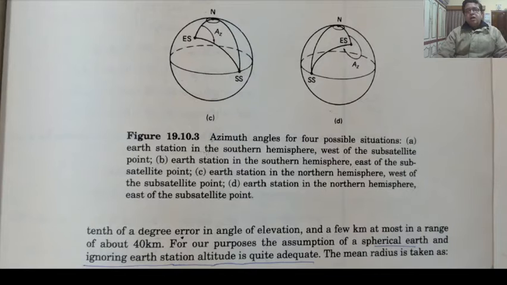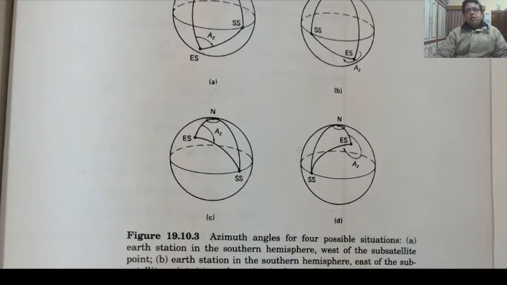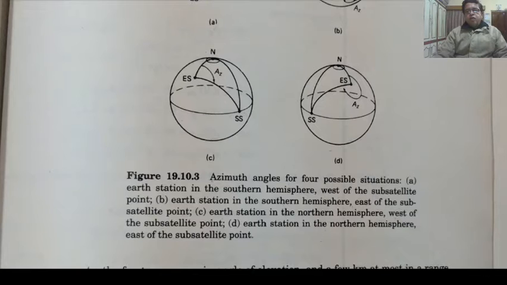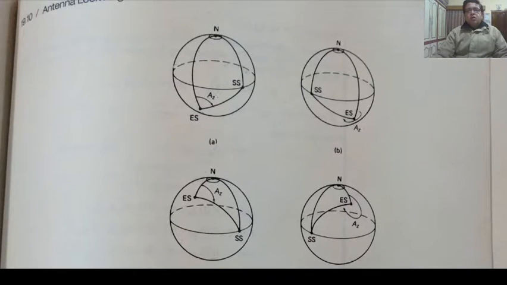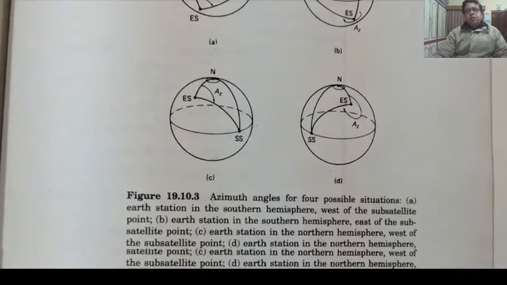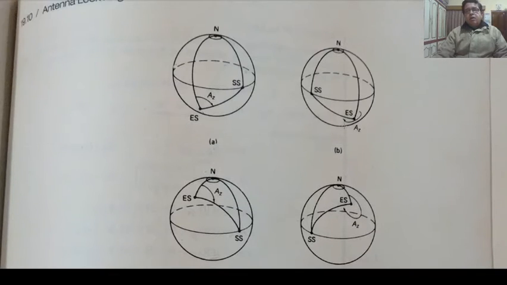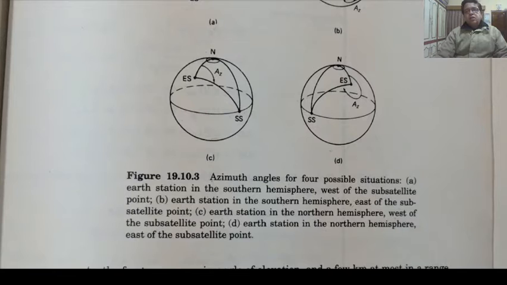In A, Earth station in the southern hemisphere, west of the subsatellite point. In B, Earth station in the southern hemisphere, but the situation changes and it is east of the subsatellite point.